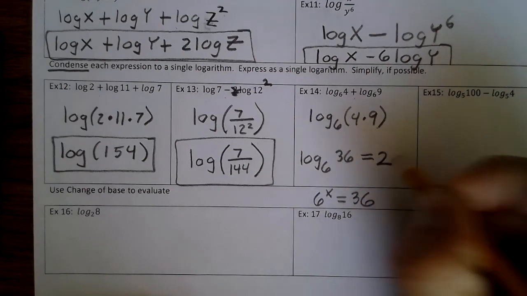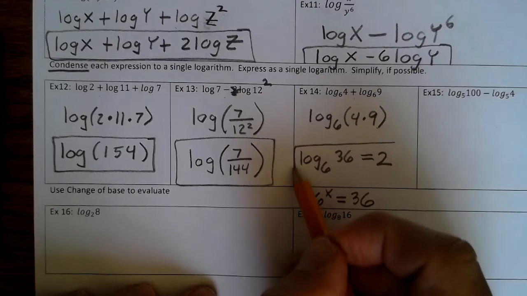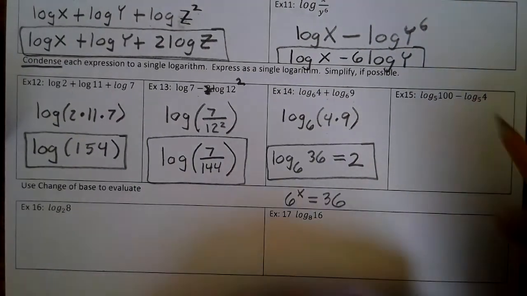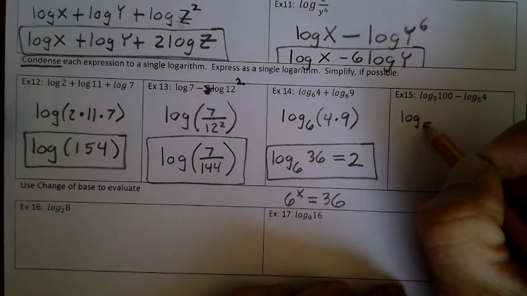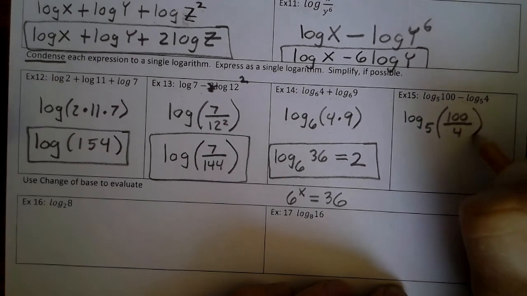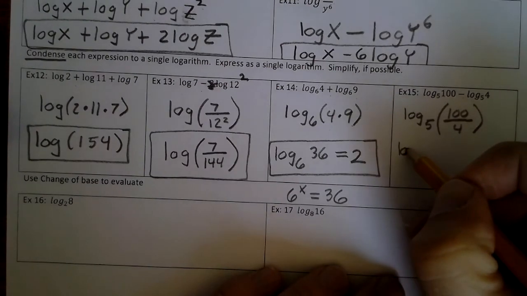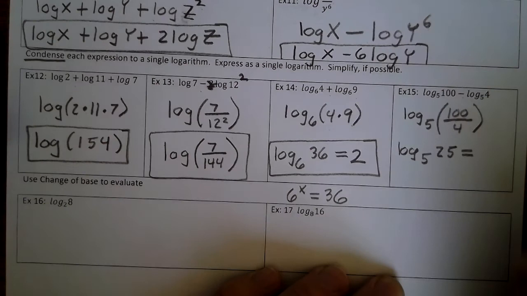Okay. Now subtraction, again, is division, so that's log base 5 of 100 divided by 4. Now 100 divided by 4 is 25, so it's log base 5 of 25. And then you ask yourself the same question, 5 raised to what power gives you 25? The answer to that again is 2.